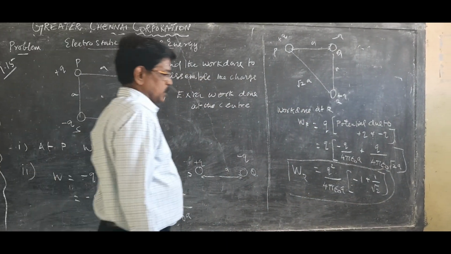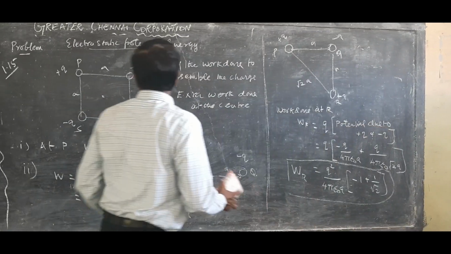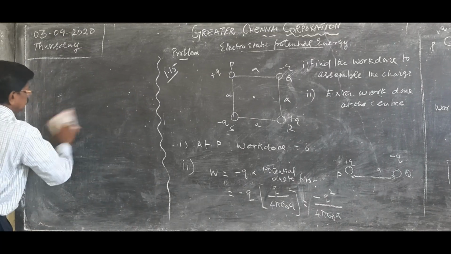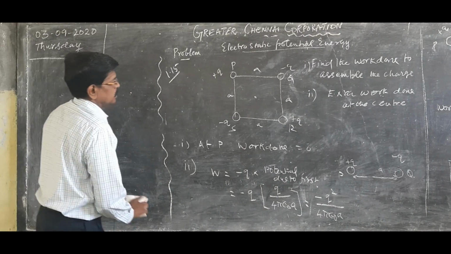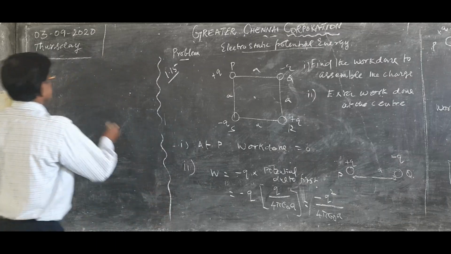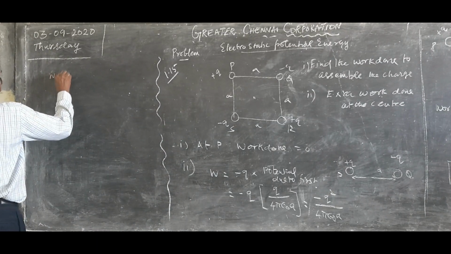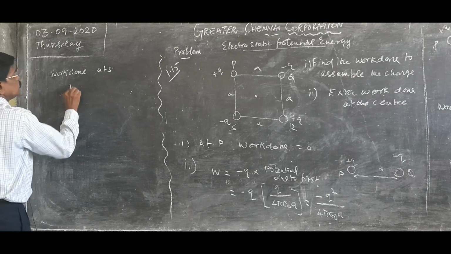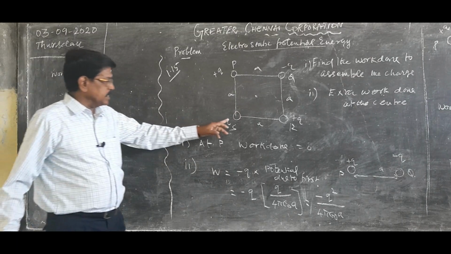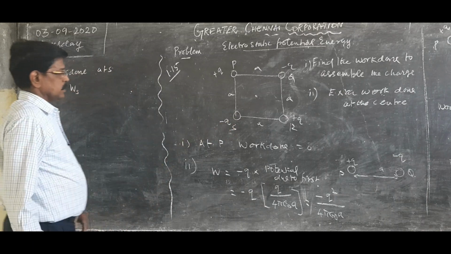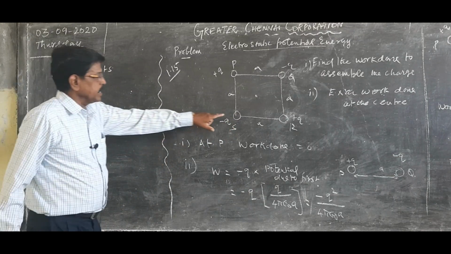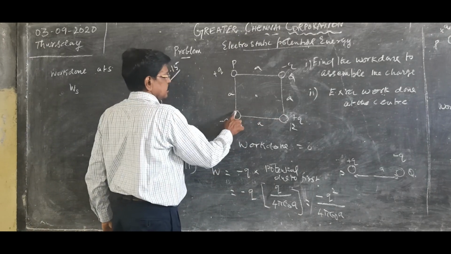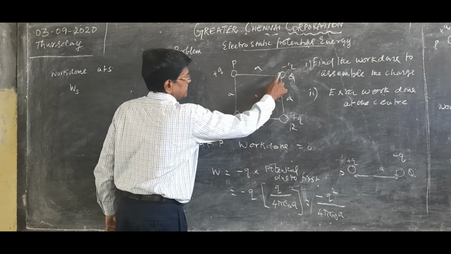Correct? The last one. Now, what is the work done in placing the charge at S, W? When we place the last charge, that is minus Q, at this point, it will experience the field due to this charge as well as this.